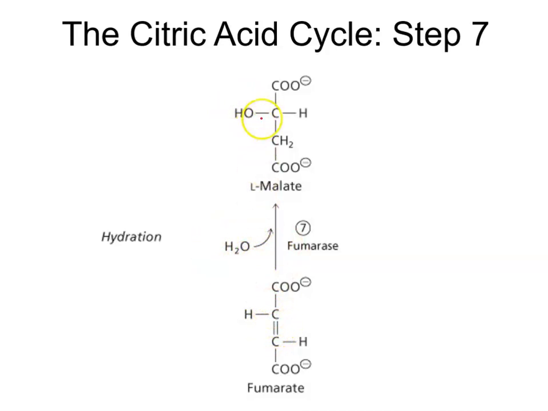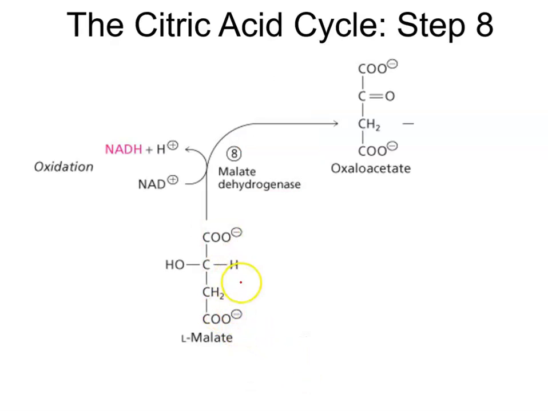So we have a hydroxide and a hydrogen added onto this side, so we just split the H2O up. We have two hydrogens here, and this is the water that's going to be added to the double bond. So we have a hydratase, which is a lyase reaction, that's going to help us form L-malate.